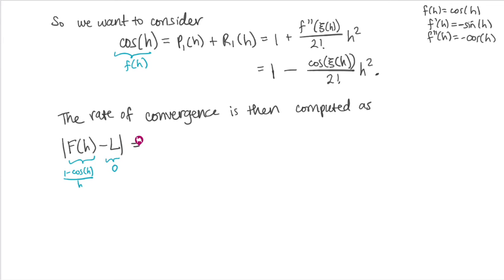So when we compute this, I'm going to replace f of h with 1 minus cosine of h over h minus 0.